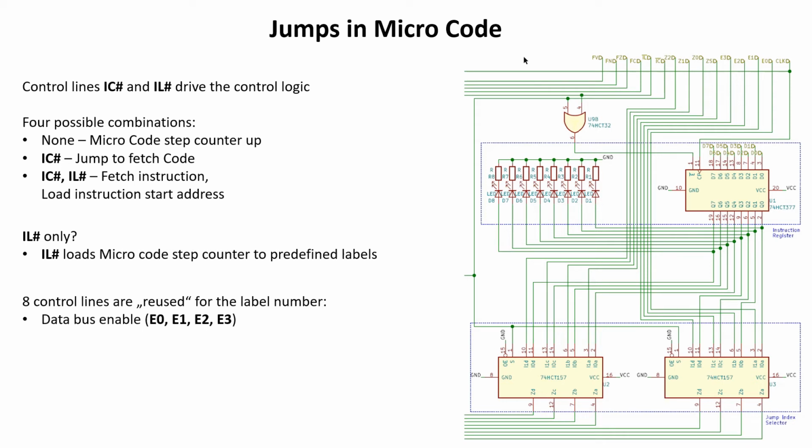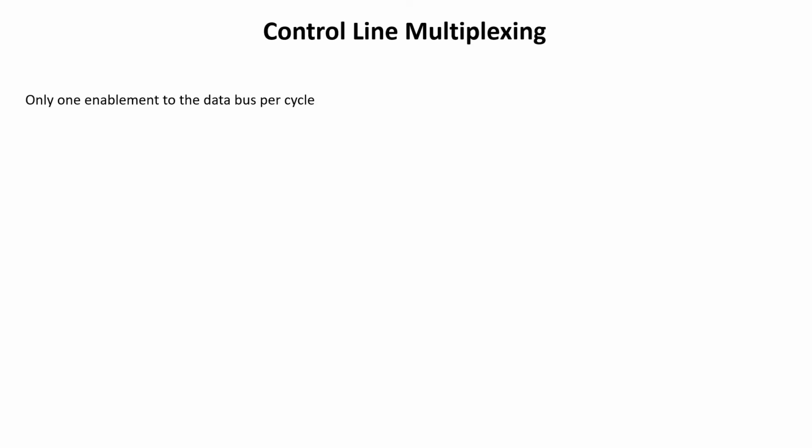These are 4 control lines for the bus enable and 4 control lines of the ALU function selection, and so it is possible in the microcode to select a predefined address and to load the step counter with an address that the next microcode instruction is stored in.